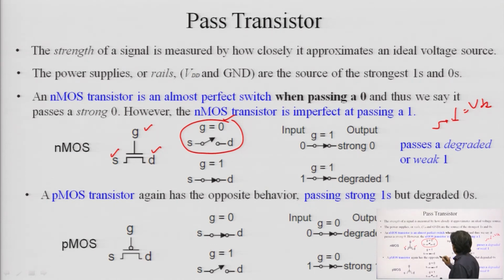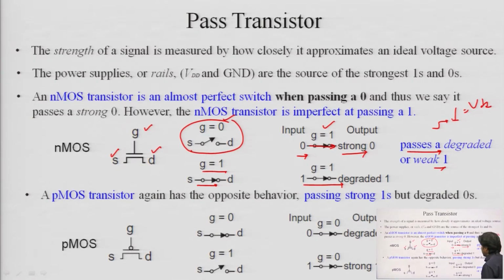When this source is 0 and G is equal to 1, we have some connection here, and at that time the output is also 0. So, we can say it passes a degraded or weak one. Similarly, when G is equal to 1, the switch is in on condition, and we can also see from the input and output terms that this one is degraded.